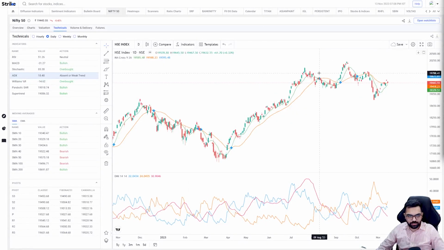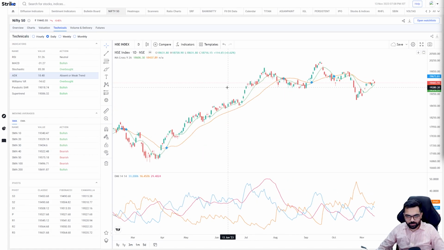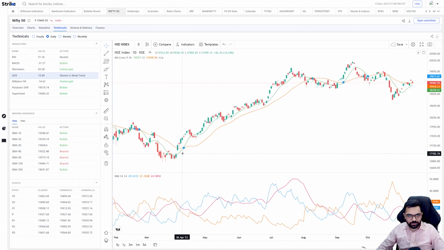Here I'm showing a small combination of DI plus and DI minus crossovers along with a moving average cross. This is just an example of combining different strategies and coming up with your own tools. As you can see here, the positive directional index crossed above the negative directional index, and the 9-day moving average also crossed above the 26-day moving average, which is a positive crossover.